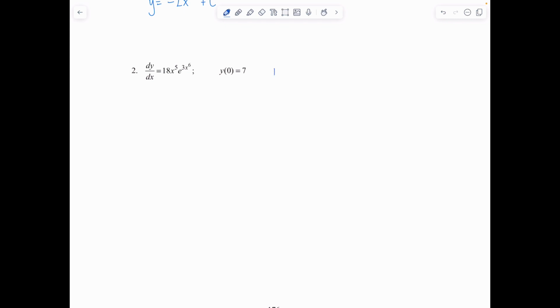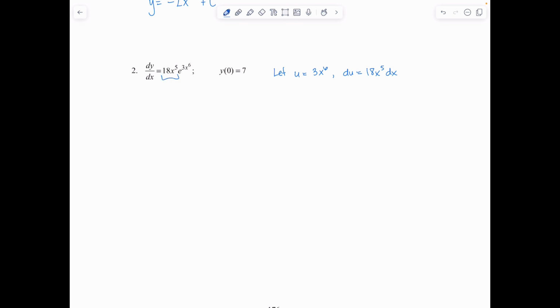So I'm going to let u equal 3x^6. That way this becomes a much simpler e^u. Then du is going to be the derivative, so we have 18x^5 dx. And luckily we see that here.